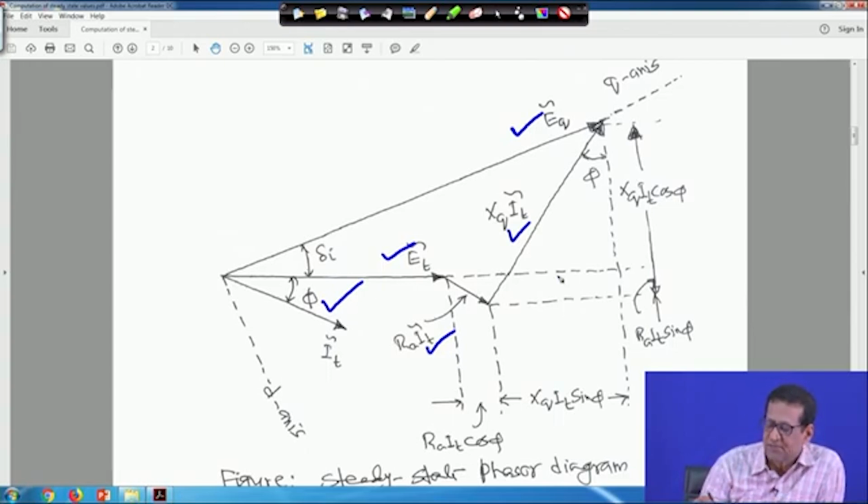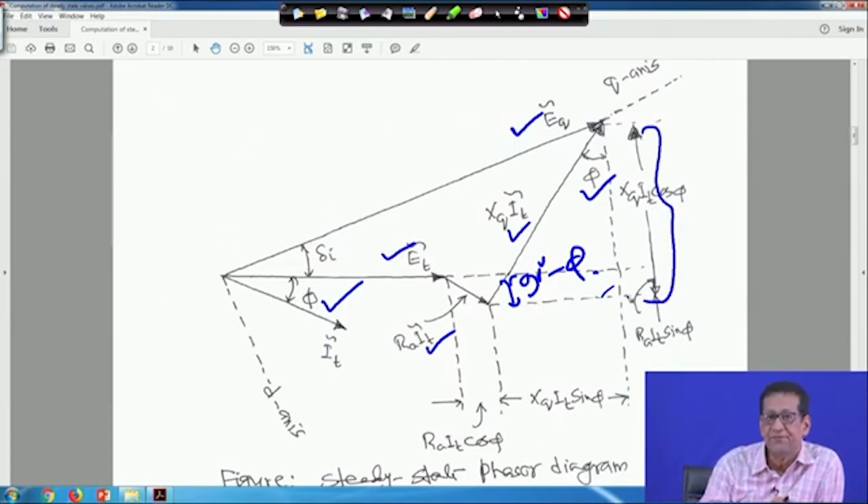Therefore, if you take the projection of this one, this is XQIT, and this is my angle phi, and this angle will also be phi from simple geometry. Therefore, this portion will be XQIT sin phi, because this is phi, this is 90 degrees, this is 90 degrees minus phi. So this portion will be XQIT sin phi, and this portion will be XQIT cos phi, right.